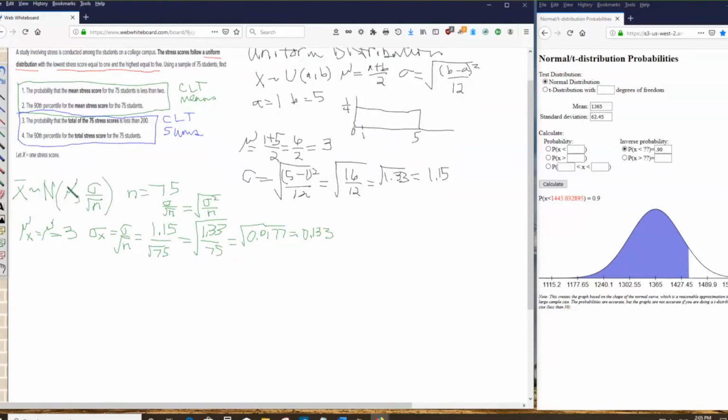So going back to here, we can plug that in and say x bar has a mean of 3 and a sigma of 0.133 for our notation. Okay, so now we have all of the numbers we need in order to solve our problem.